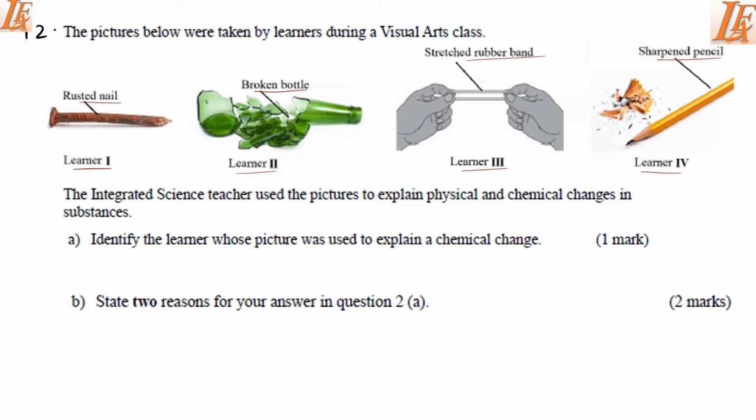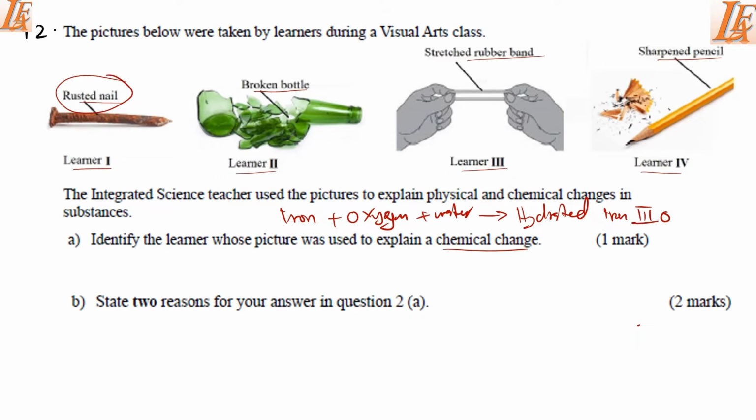Remember, chemical change is a change where the reaction is irreversible. And in this case, when we look at the rusted nail, the broken bottle, the stretched rubber band and the sharpened pencil, a rusted nail is what we call a chemical change, since rusting is a chemical process where, remember, iron reacts with oxygen and water in the atmosphere, or moisture, to form hydrated iron(III) oxide.